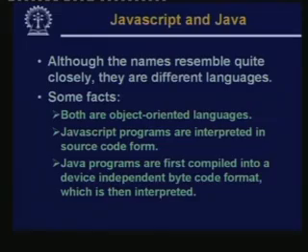Similarly, Java platform independence is achieved by translating the Java program into Java bytecode, and then the bytecodes are downloaded on the browsers and an interpreter there will be executing the Java bytecodes. Okay. So, this is how JavaScript and Java can execute.